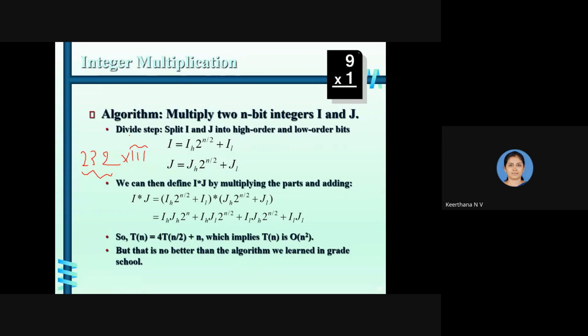So the first step is dividing them as I and J. It means dividing into higher bits and lower bits. So you have to divide the bits of the integer as higher bits or lower bits. So the higher bit value will be divided as IH 2 power n by 2.